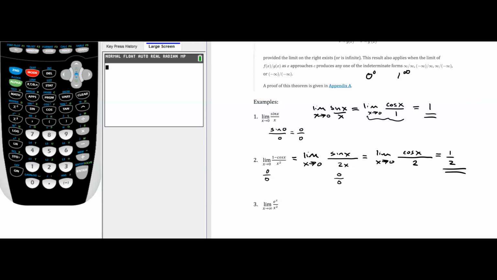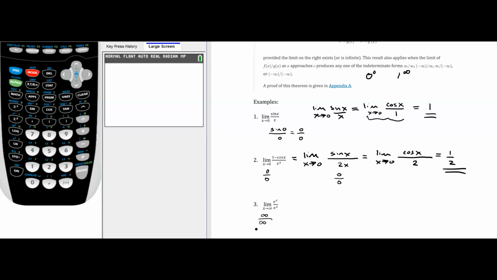In example 3, we've got the limit of e to the x over x squared as x goes to infinity this time. If you did a direct substitution with infinity, and remember, just think of infinity as a really big number, you end up getting another indeterminate form because it's essentially infinity divided by infinity. So the big question is, is my answer going to be infinite? Is my answer going to be 1? Is my answer going to be 0?